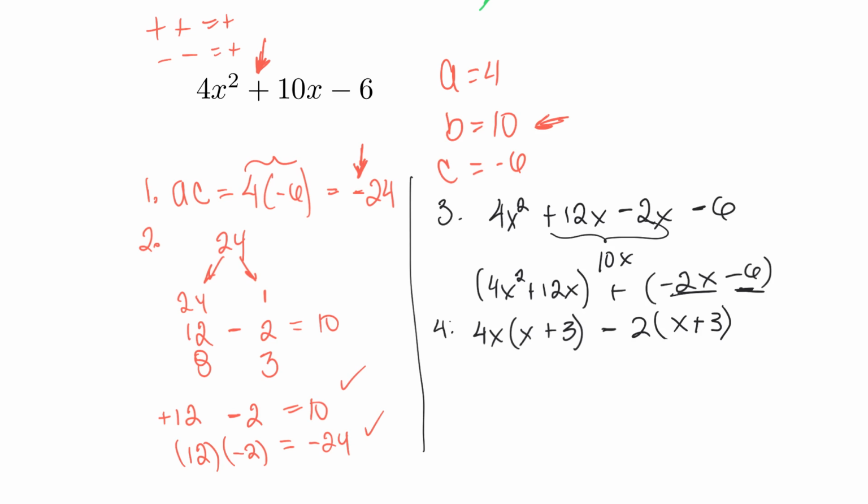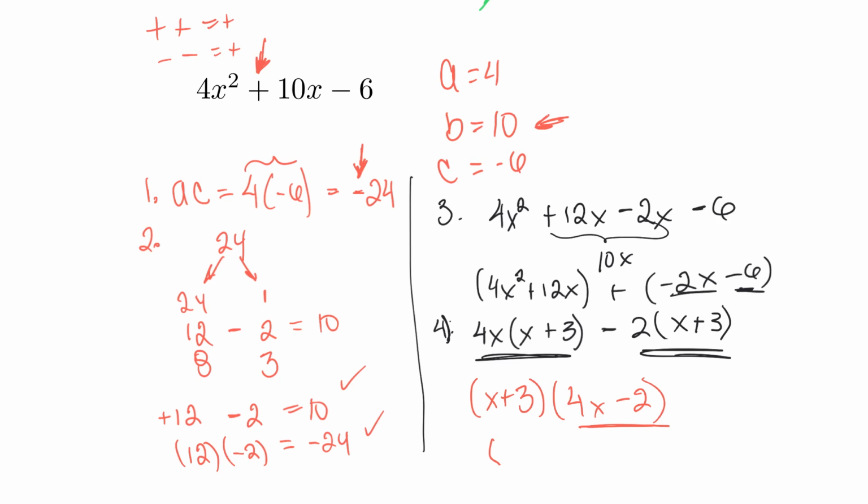Okay, so the next step is to get the greatest common factor out of these two terms. And in this case, it will be the x plus 3. That's what you need to look for when you are reorganizing the polynomial, right? You need to get a parenthesis that is common for this term and for this term, so you can take it as the greatest common factor. And we end up with x plus 3 multiplied by whatever is not common anymore, right? So in this case it is 4x minus 2, which could also have another common factor.